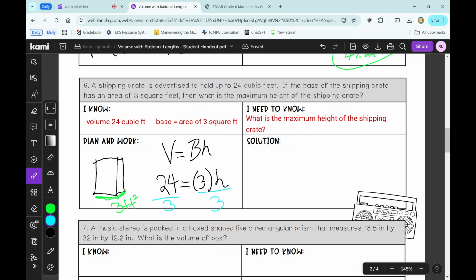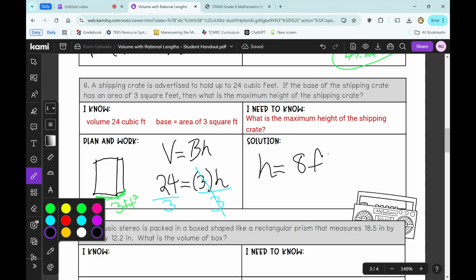So here, we would get 3h divided by 3, which will give us h by itself. Now, 24 divided by 3 will give us the height. So the answer to this problem is height is equal to 8 feet. In this case, we don't have to put squared, we don't have to put anything else, because that was just the height that we were missing right here. That was our mystery.